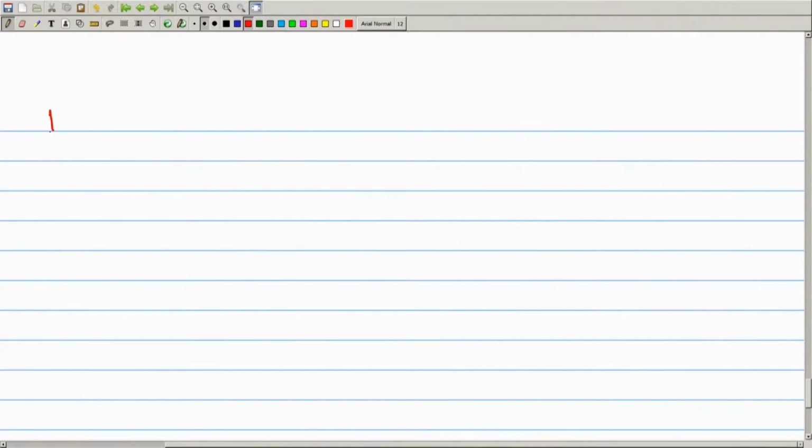We are discussing the proof techniques, and in the last lecture we started the indirect proof techniques, and under indirect proof techniques we have read the proof by contradiction.